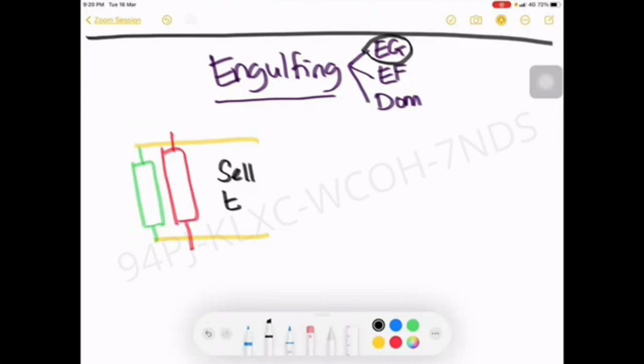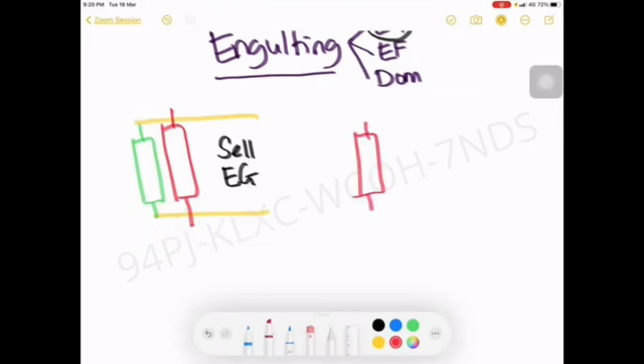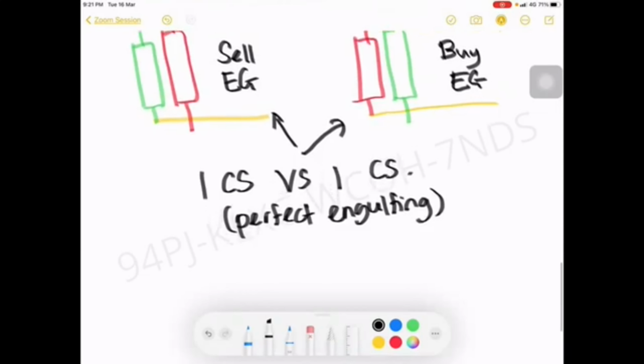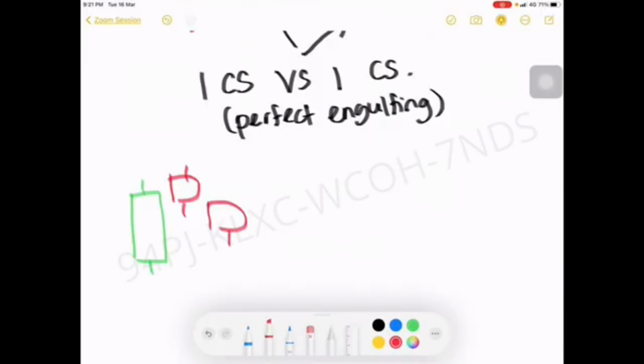It means that when the price comes to that zone, we are going to look for sells. We mark this candlestick, which we call perfect engulfing.